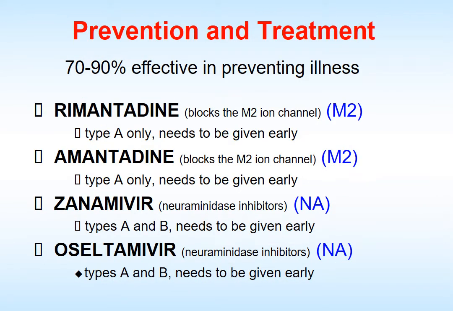And prevention and treatment by antiviral drugs is also possible. It's rimantadine, amantadine, zanamivir, oseltamivir. These are drugs that can be used for prevention and treatment, and as a result 70-90% effectiveness is detected.